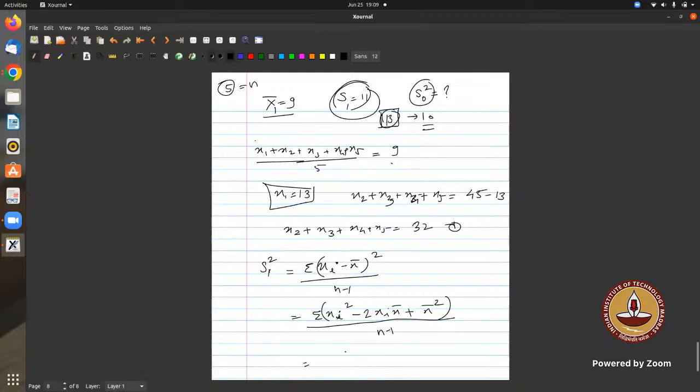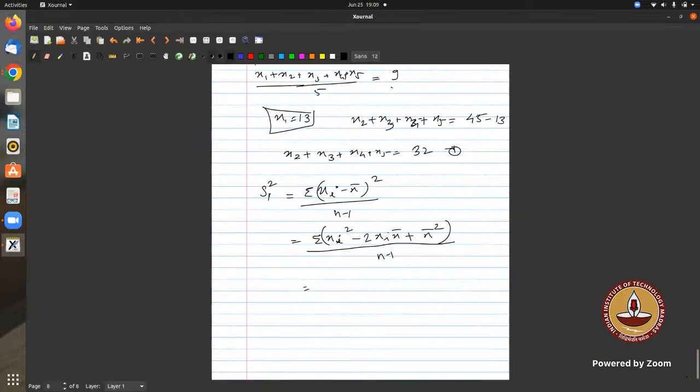Next step is this: the summation sign will apply throughout this bracket. So summation of xi square minus summation of 2 xi x bar plus summation of x bar square, divided by n minus 1.